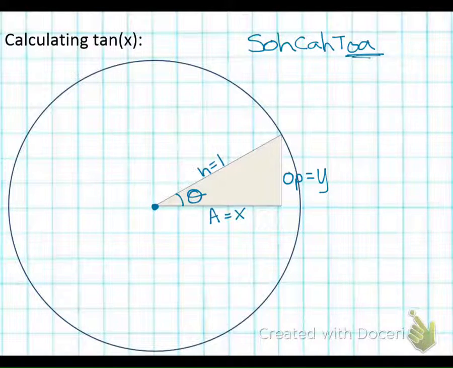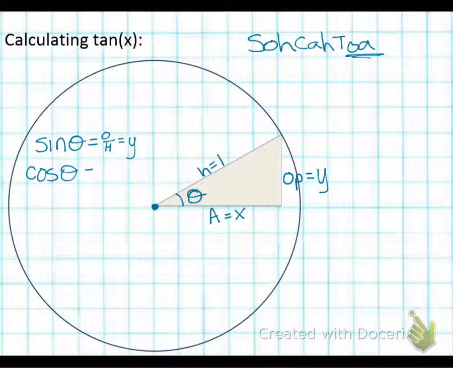So if we look at sine and cosine, remember sine is opposite over hypotenuse, which ends up just being y over 1, so y. Then cosine theta is adjacent over hypotenuse, which would be x over 1, so that's just x.